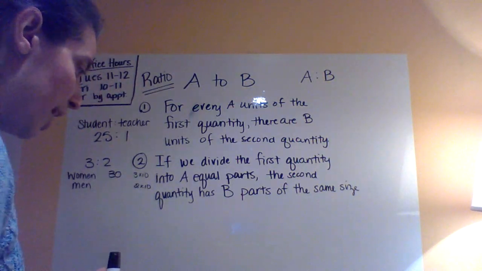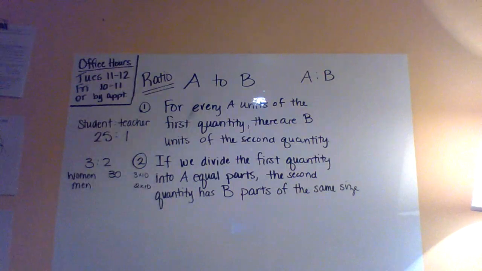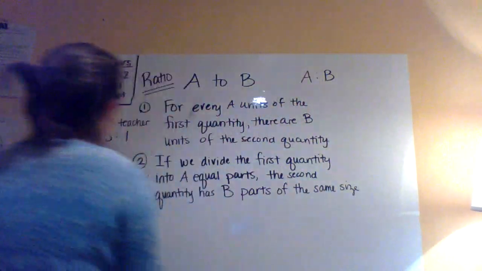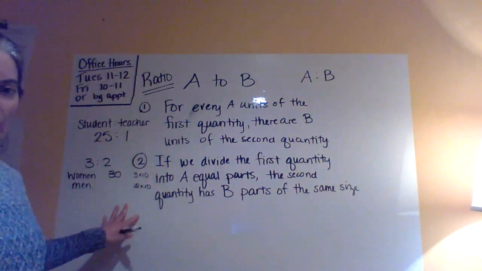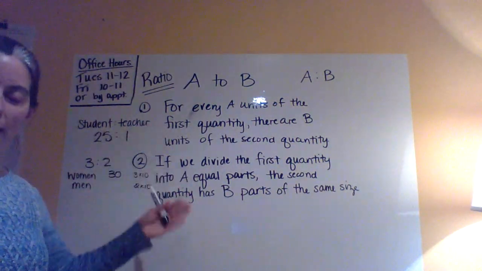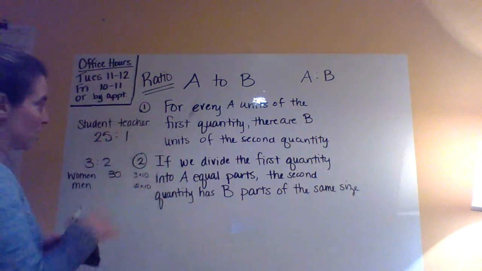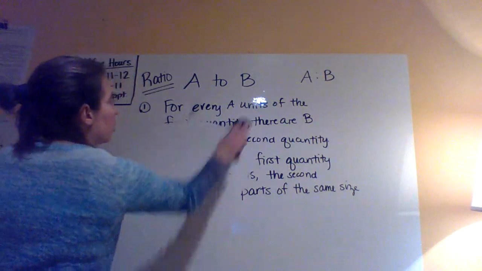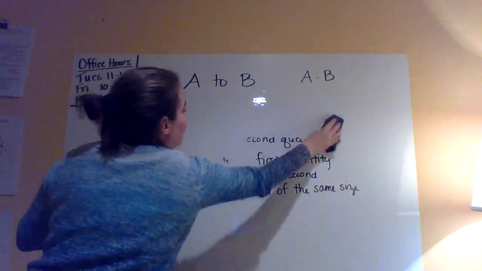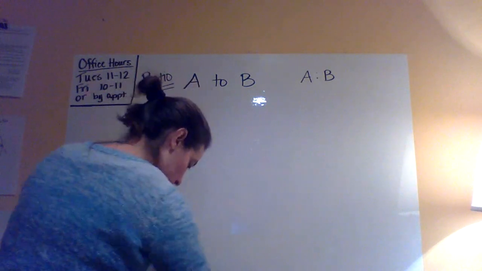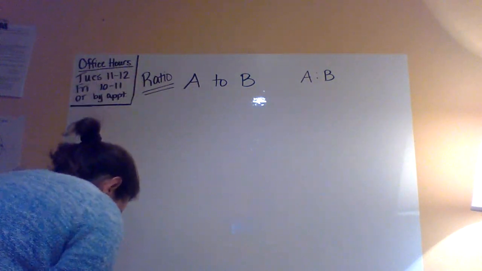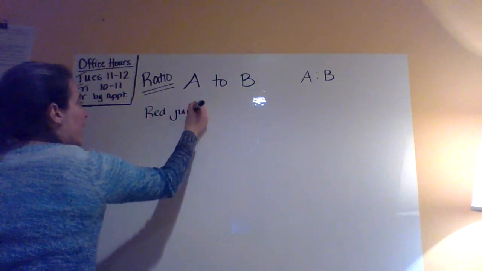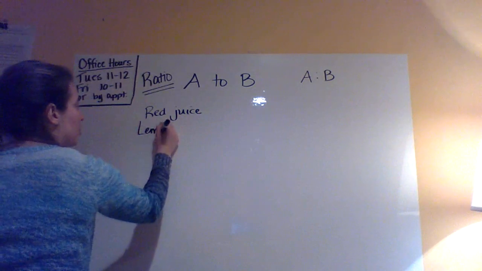Okay, so let's look at one example here. Let's say we're making a juice mix. If you need to copy this down still, I would say just pause the video or rewind it, and you can have some more time to copy that down if you're not already done with it. So let's say we're making a mixture of juice and soda. We're making a punch, and we have red juice and we have lemon lime soda.